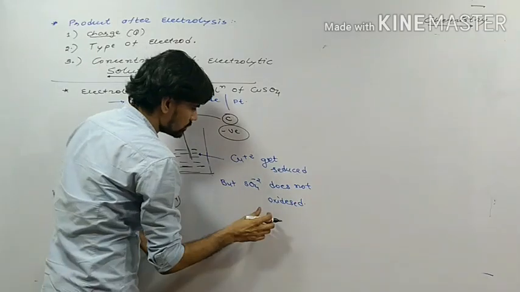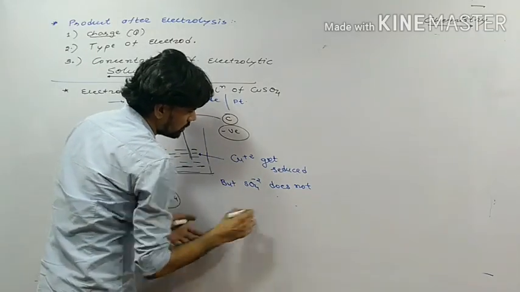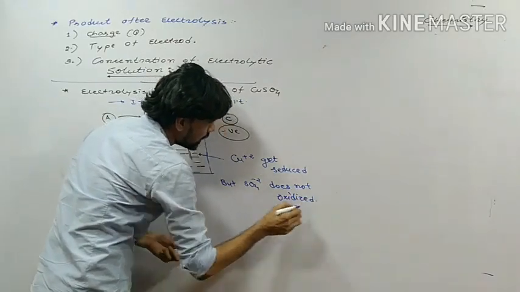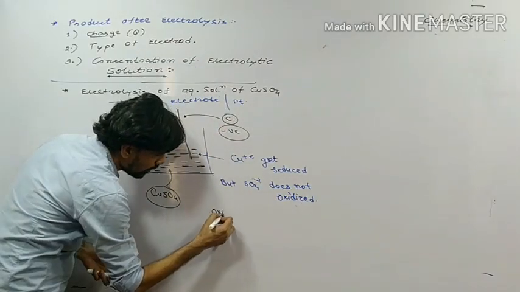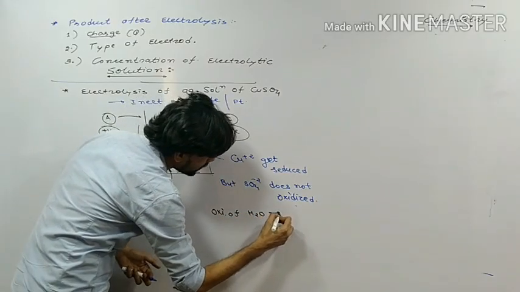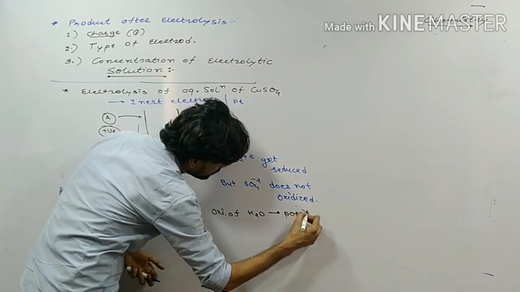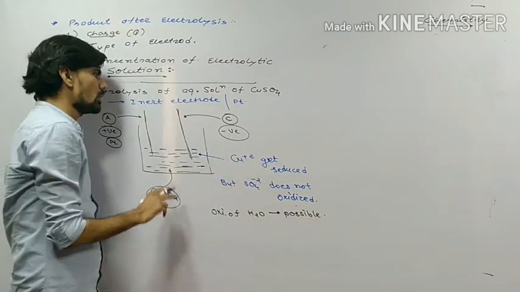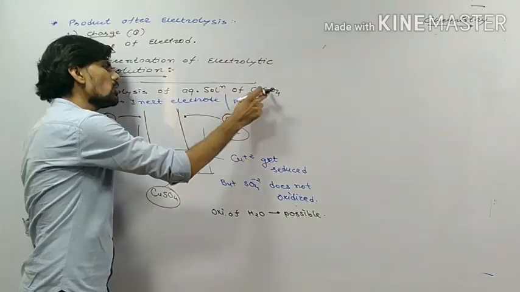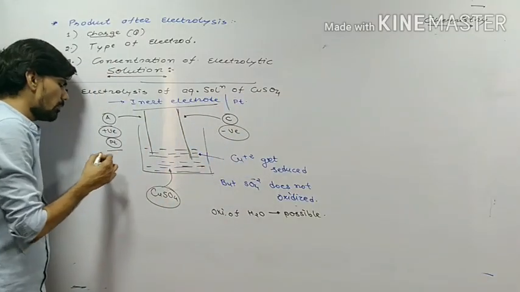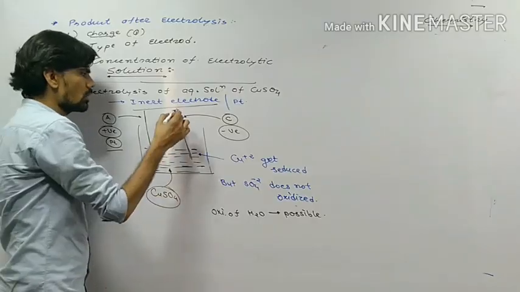Oxidation of H2O is possible. See, in the electrolysis of aqueous solution of CuSO4 with the help of inert electrode, we are using platinum as an anode.